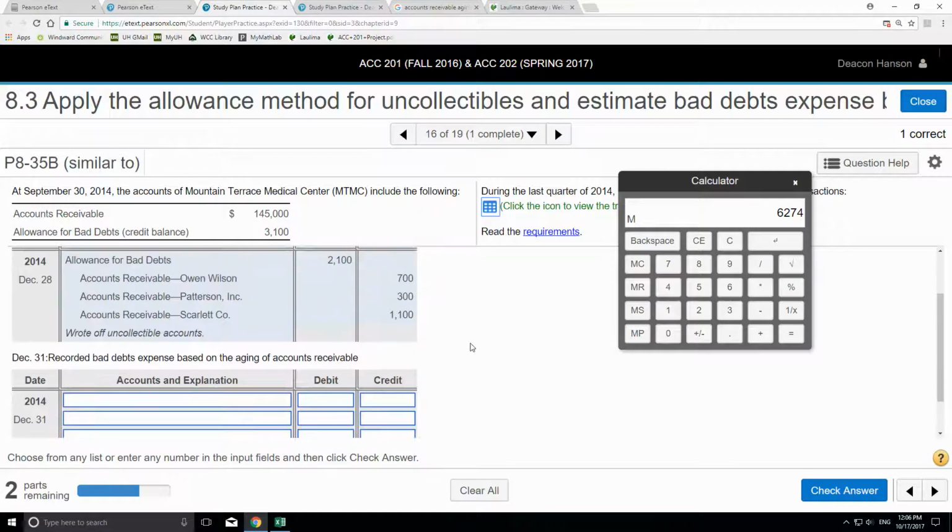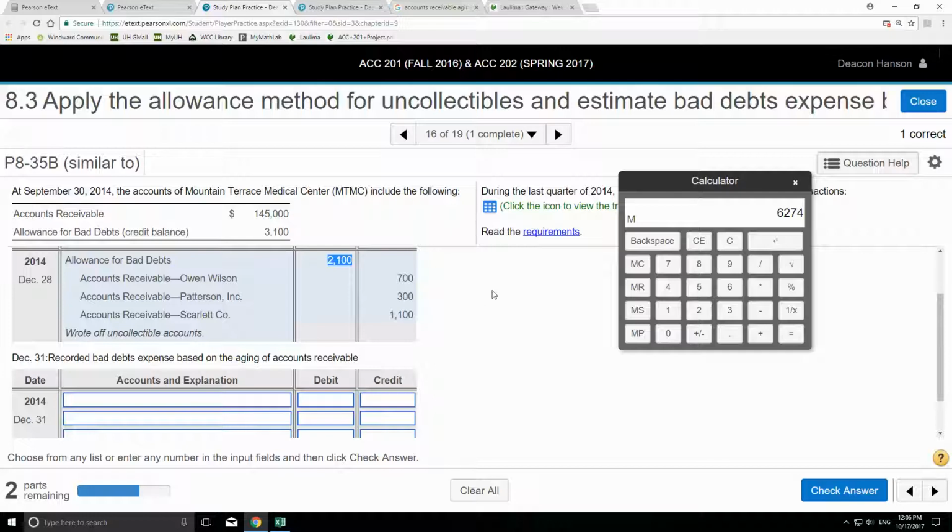Okay. Now think about it. What is our allowance balance right now, based on what went down so far? You see, we started with 3,100, right? But we made an entry that reduced it to 1,000. So we have 1,000 sitting in there already.